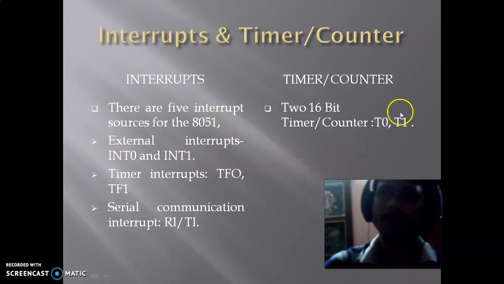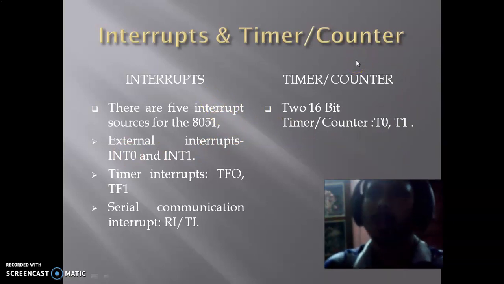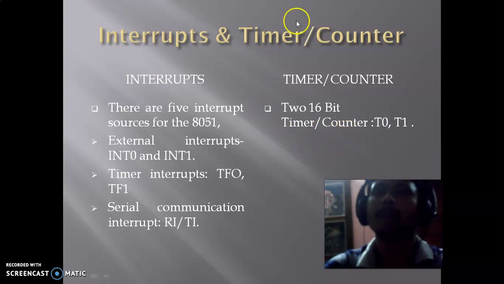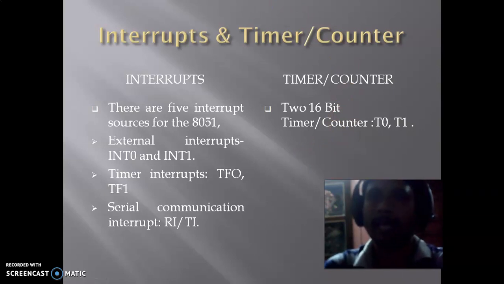And the 8051 microcontroller has 2 timer counter registers, by which we can perform different types of timer and counter operations, and these may be operated in different modes. The priority of the interrupts can be set through some special registers.